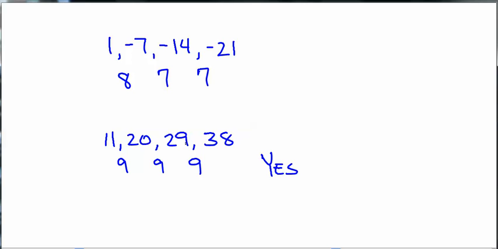Number 5 says to write a rule for an arithmetic sequence with a first term of 9, a common difference of -2. What is the 7th term of the sequence? So, a of 7 is going to be equal to first term. What's the first term? Good.